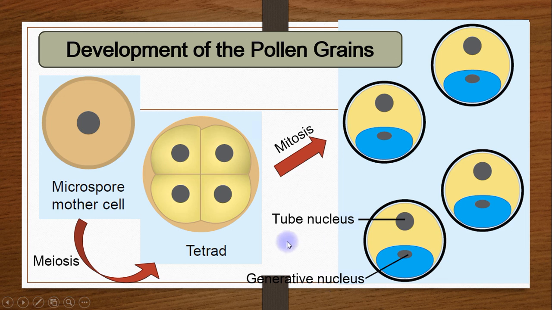So I repeat here: the nucleus in each tetrad will carry out mitosis and produce two types of nucleus. What are they? Tube nucleus and generative nucleus. And then the pollen grain will mature and be released to the surrounding.